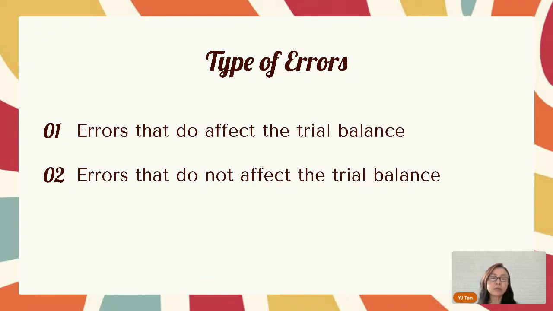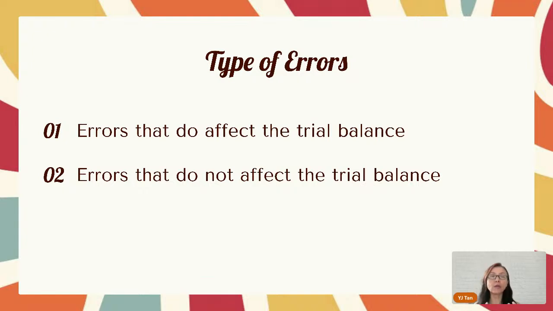When it's not the same, it is detected by the trial balance, and then you start to investigate what is the difference. But there are some errors actually, even though it's wrong, the total of the trial balance is still the same.